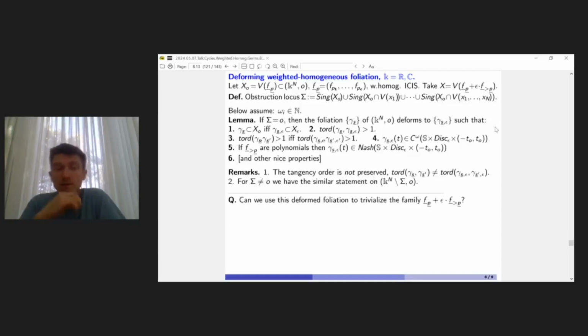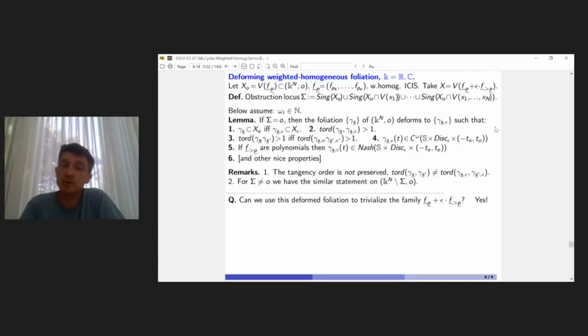And then one gets the question, can we use this deformed foliation to trivialize the family? This is the classical question. You perturb your weighted homogeneous germ by high order terms, and you would like to trivialize. I guess there are many people in the audience who did it. There were many works on this, and the answer is yes.